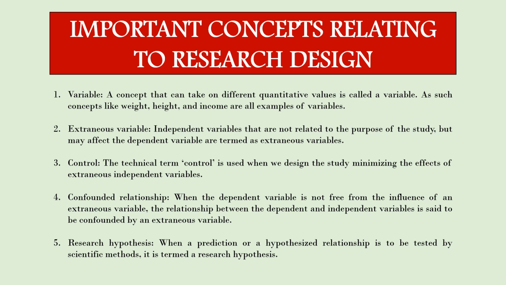Next is research hypothesis. When a hypothetical relationship is tested by scientific methods, it is called research hypothesis. Usually, a research hypothesis must contain one dependent and one independent variable.